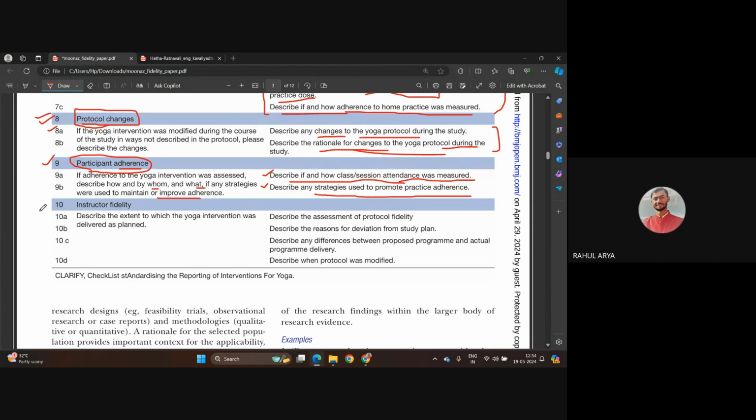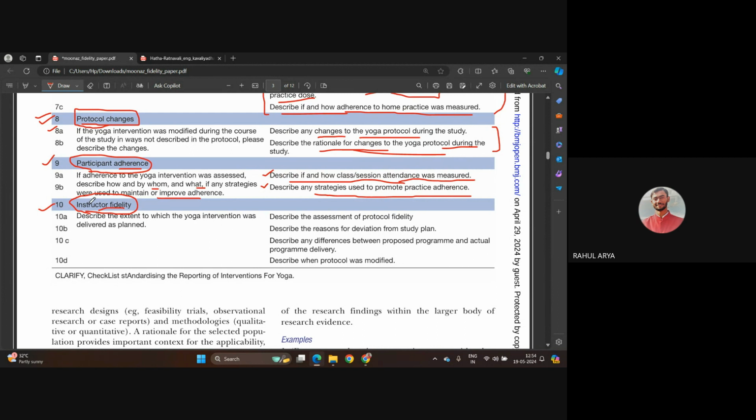Okay. Last point, it is the instructor fidelity. And this checklist, we also say it is the fidelity checklist. Fidelity meaning Satyanishta. It means how properly you provided any intervention or you did the research, and how you maintain the quality of the intervention.